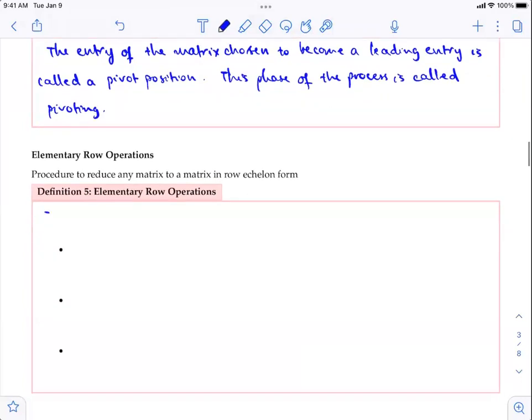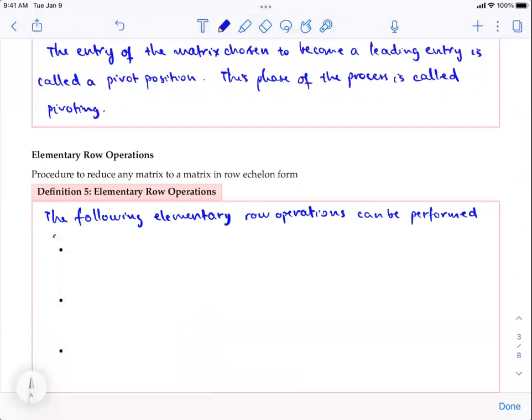So the following elementary row operations can be performed on a matrix.